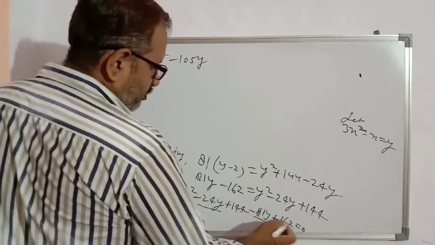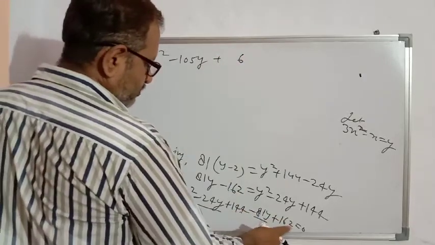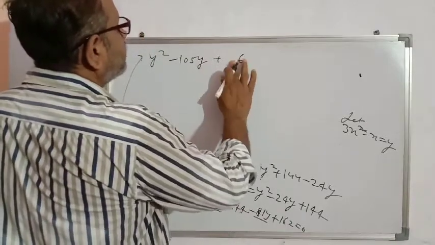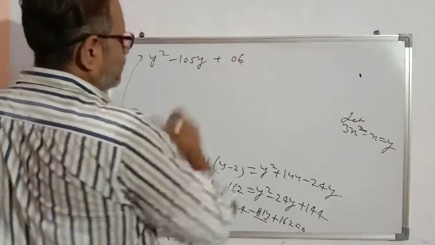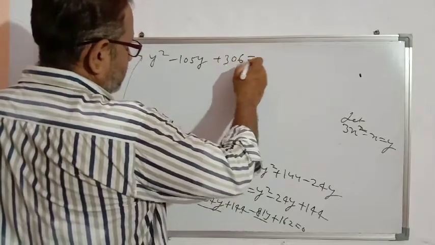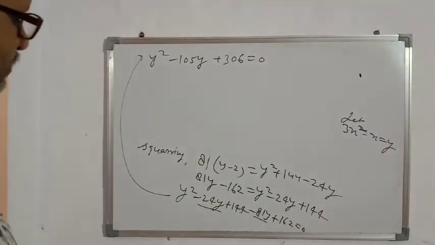Add it: 4 plus 2 is 6, 4 plus 6 is 10, 1 plus 1 plus 1 is 3. So 306. y square minus 105y plus 306 is equal to 0.